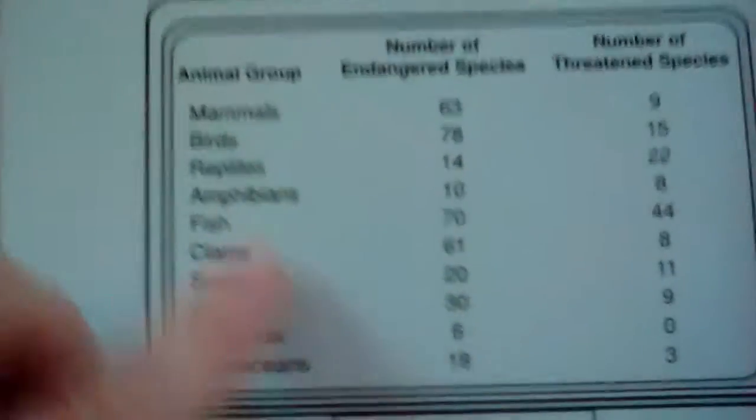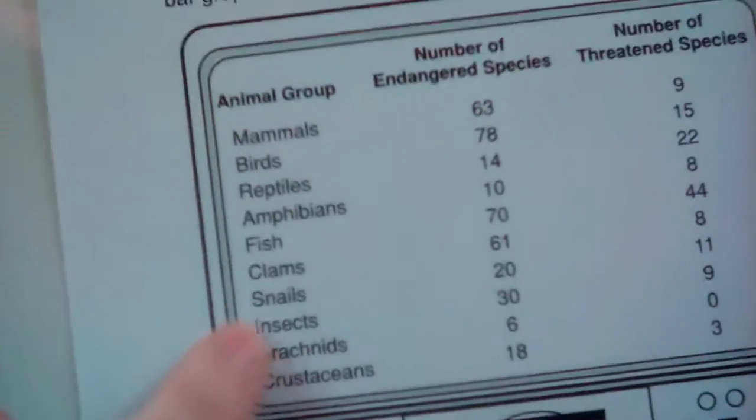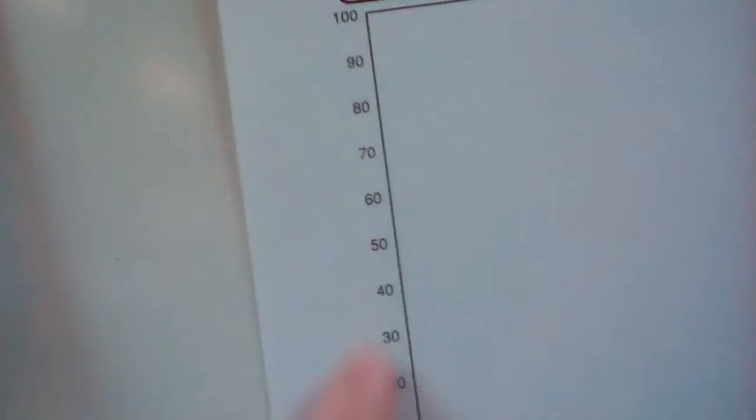This other one, we're going to be making our own bar graph. If I have to help you, I don't have a problem with that. Here are our 2 sets of information. One is endangered species, one is threatened species, and these are all the different types of animal groups. The animal groups are listed down here, and the numbers are over on this side. You're going to make a double bar graph just like this.